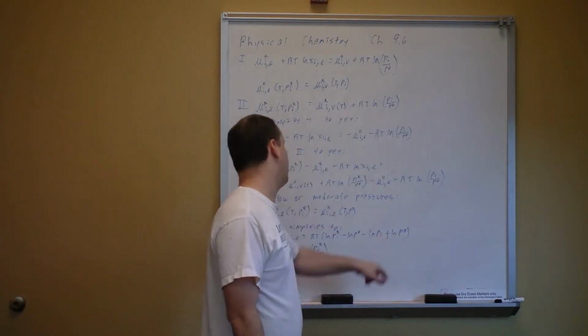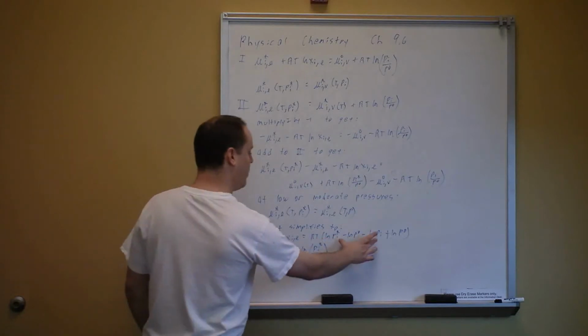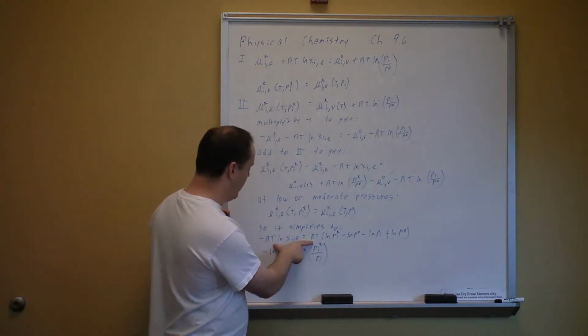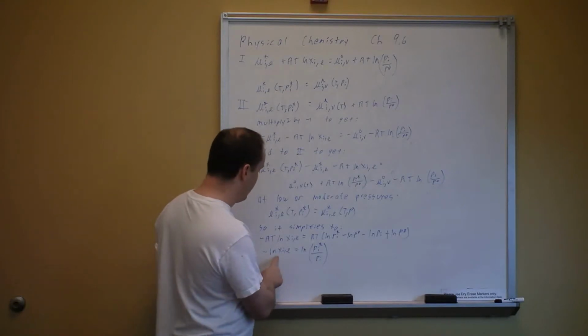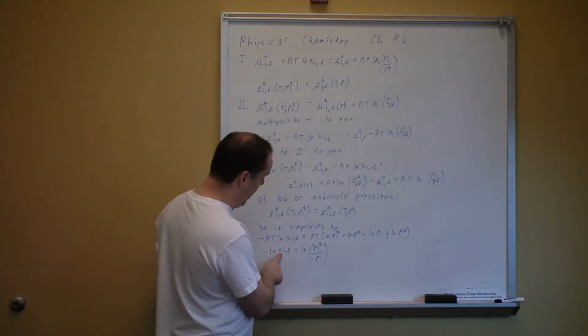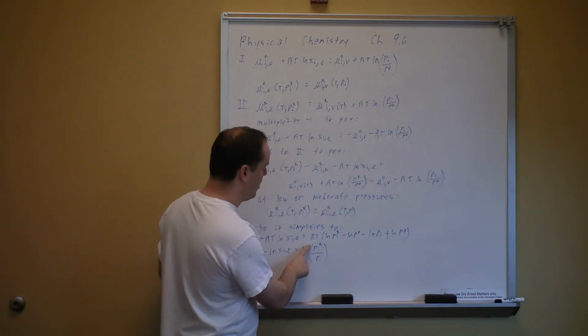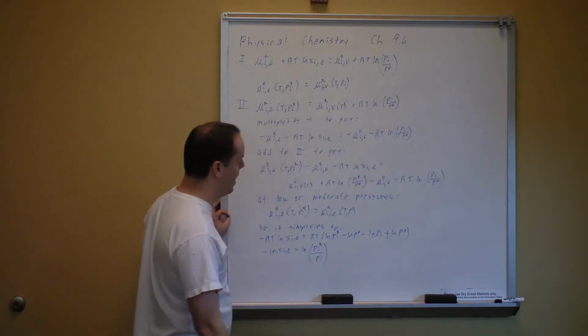These two cancel out. Then converting these to a fraction using your log rule, and dividing everything by RT, you get minus the natural log of the mole fraction of I in the liquid phase is equal to the natural log of the partial pressure of I unmixed divided by the partial pressure of I in the mixed.